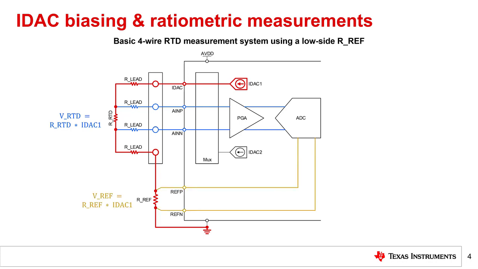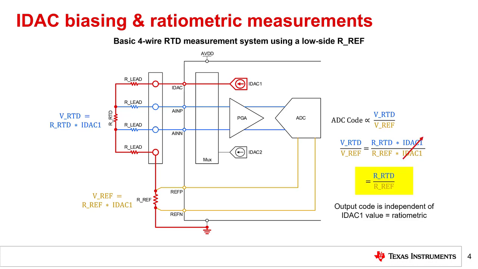Similarly, the voltage across RREF, or VREF, is the product of RREF and IDAC1. Shown in orange, this voltage is applied to the ADC's differential reference voltage inputs and used as the ADC reference voltage. The resulting ADC code is proportional to the ratio of VRTD to VREF. This ratio is equivalent to the ratio of RRTD multiplied by IDAC and RREF multiplied by IDAC.